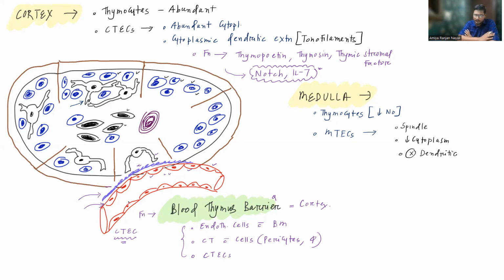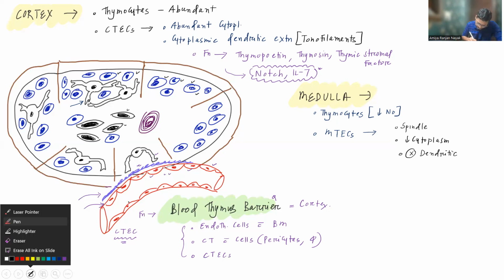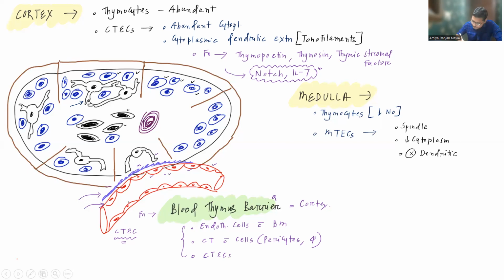At some areas inside the medulla, these medullary thymic epithelial cells will make a fold configuration. I mean, in some portions inside the medulla, these medullary thymic epithelial cells will make a concentric fold configuration, as you can see here.